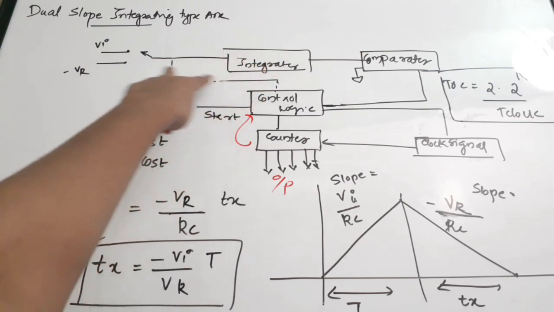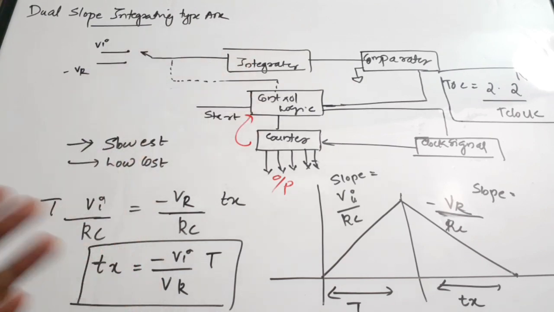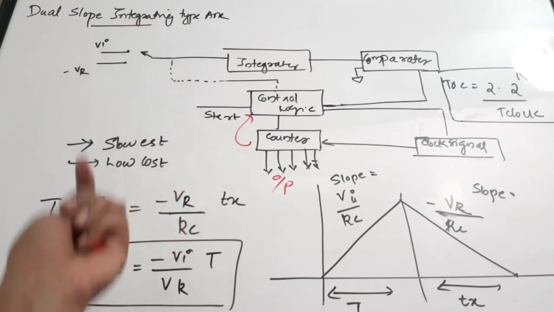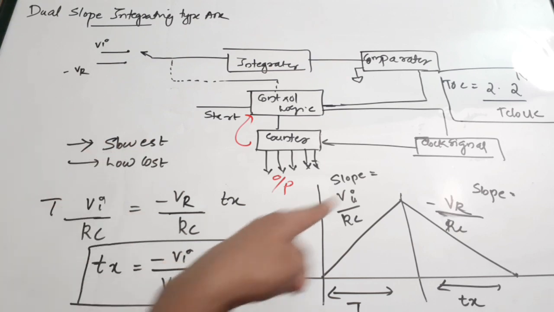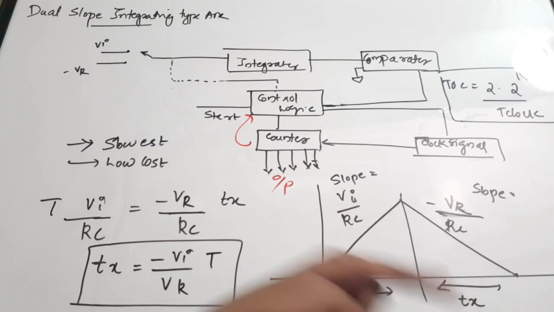At this point, in the integrator unit, when the switch is connected to minus Vr, the integrator will actually remove all the stored charge from the capacitor and make it equal to 0. You can make this clearer while seeing the graph.